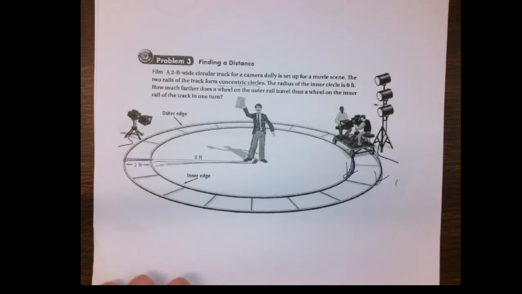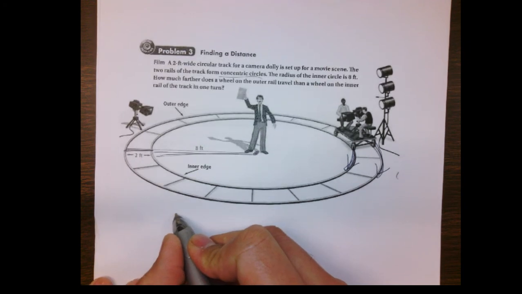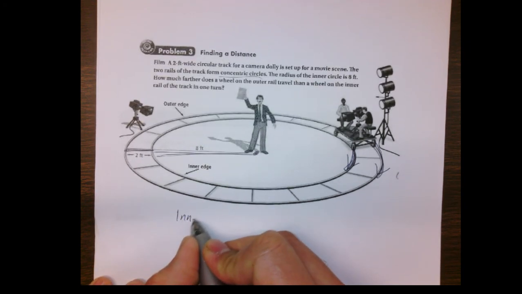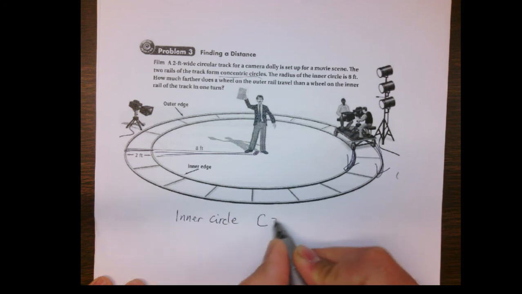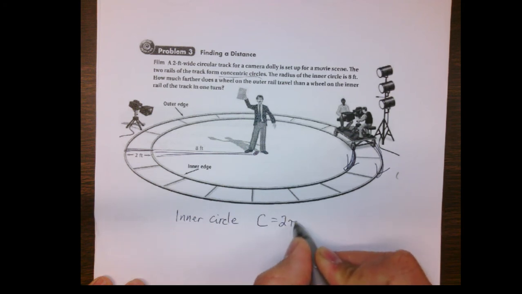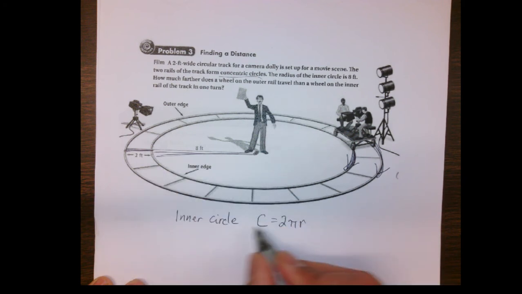All right. So this is basically a circumference question, right? So let's look at the 2 circles. First, the inner circle. The circumference, again, we're given a radius, so let's go with 2 pi r. So here it's 2 pi for the inner circle, the radius is 8.